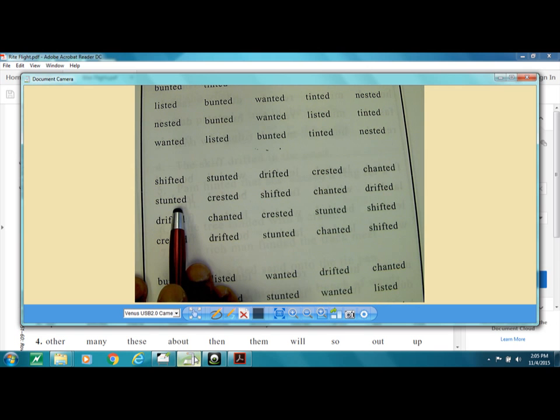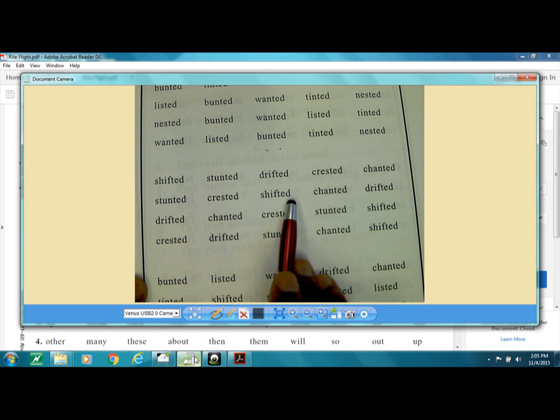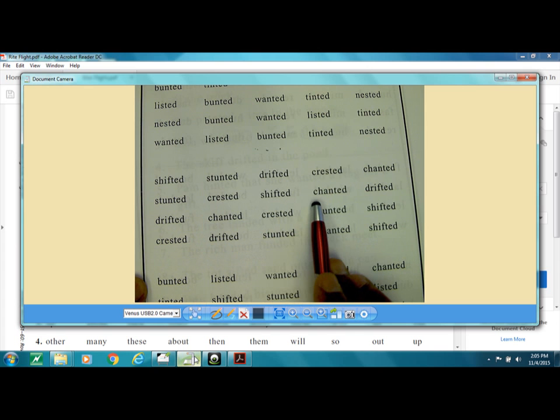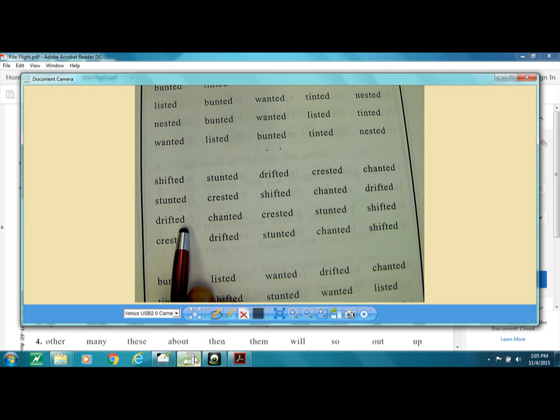Stunted, crested, shifted, chanted, drifted. Your turn. Drifted, chanted, crested, stunted, shifted.